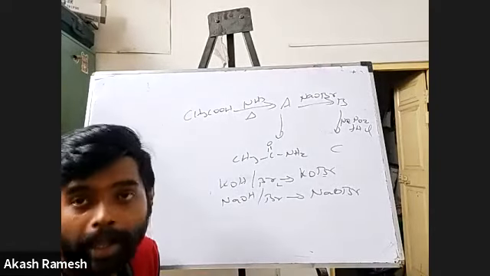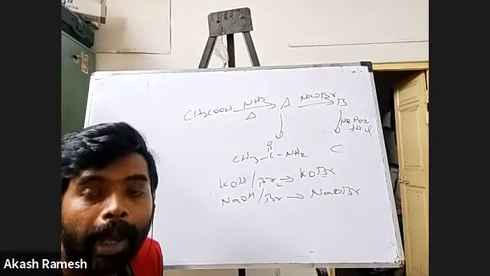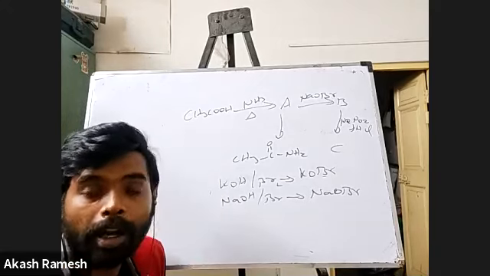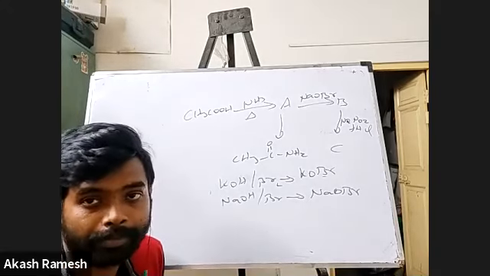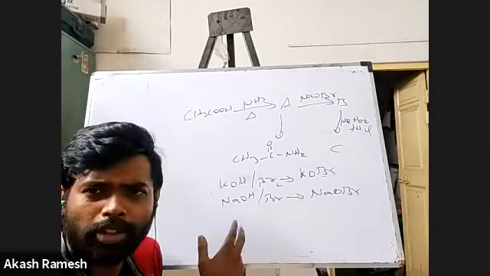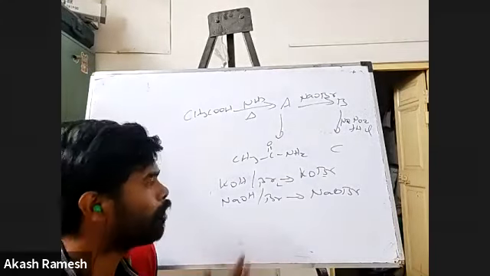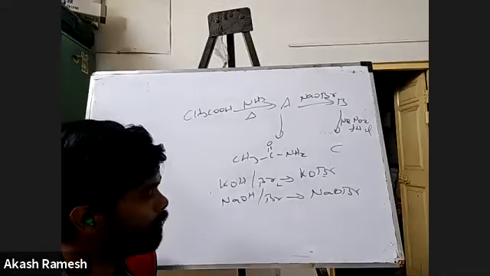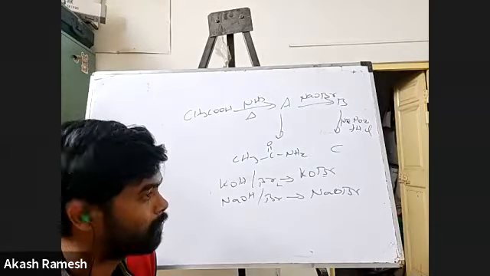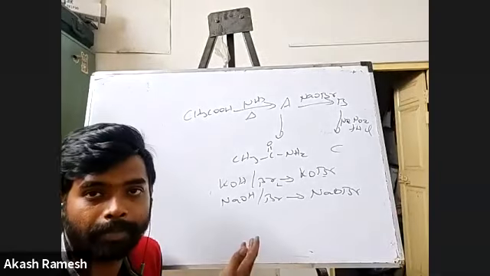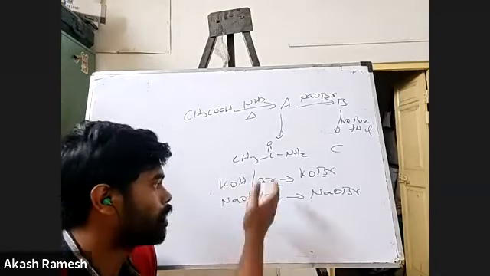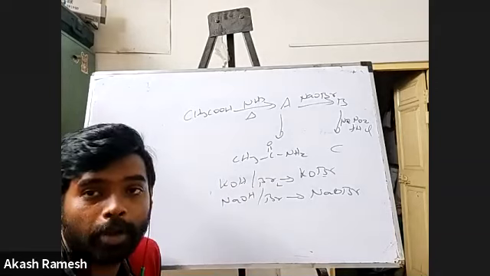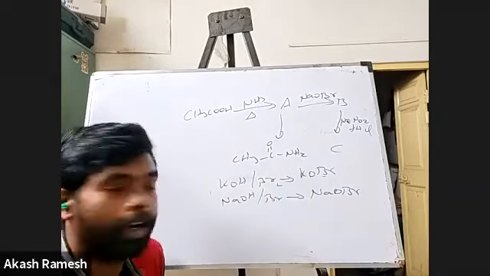Sodium hypohalite can be produced with the help of your iodoform reaction, right? There what we use in iodoform reaction? NaOH plus I2. Here also it's the same, KOH and Br2 or NaOH and Br2, the same thing, right? So you are going to form hypohalite.